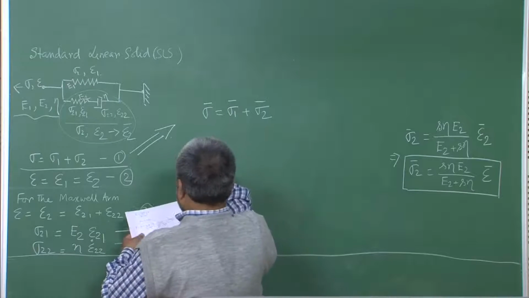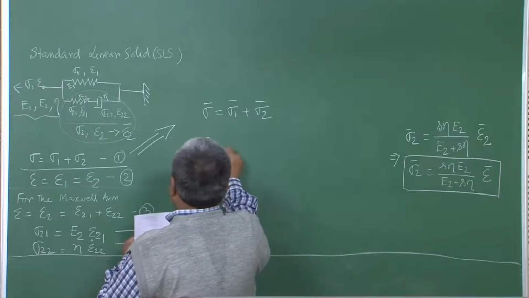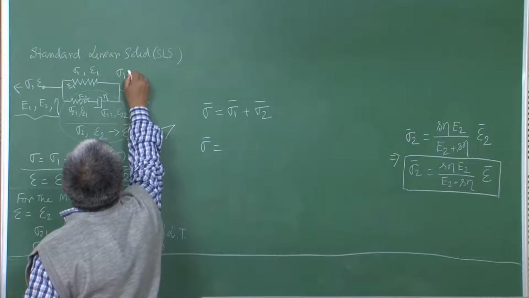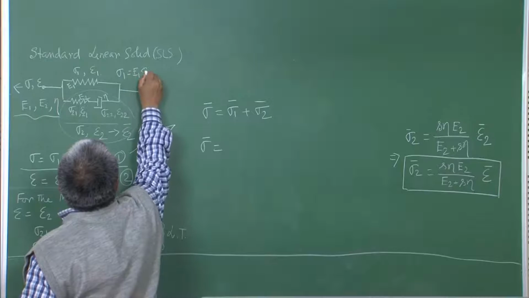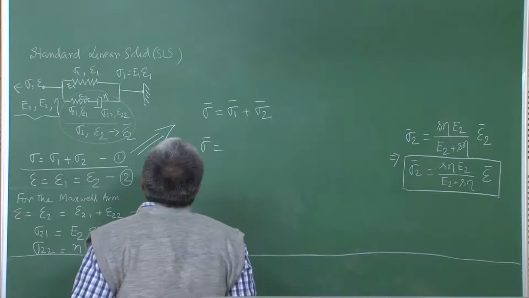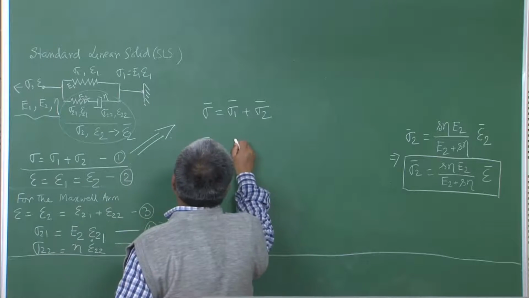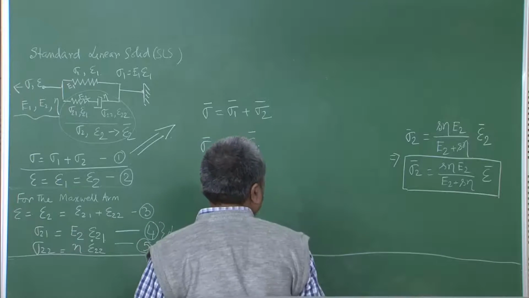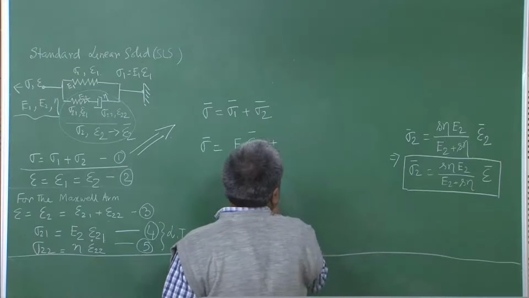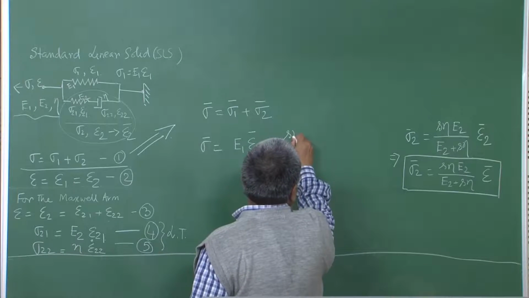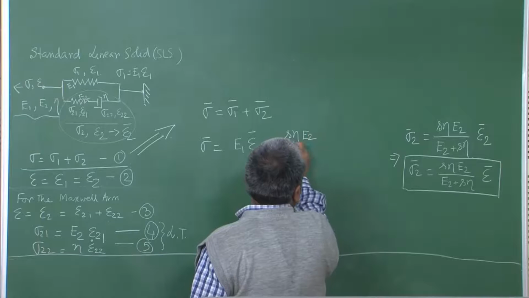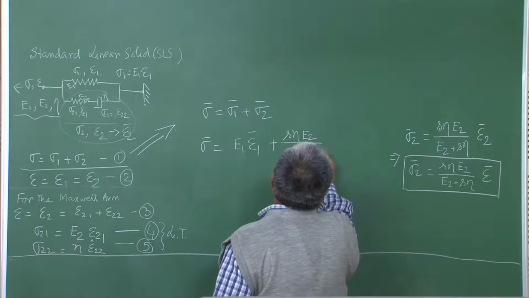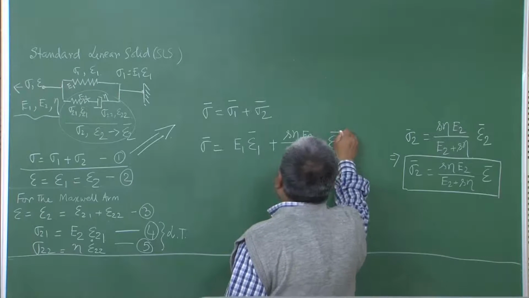So, we can write sigma bar as, what is our sigma 1 bar? Now, sigma 1 is simply E1 epsilon 1, it is a simple spring element. So, sigma 1 bar can be written as E1 epsilon 1 bar, and sigma 2 bar can be written as S eta E2 over E2 plus S eta epsilon bar.